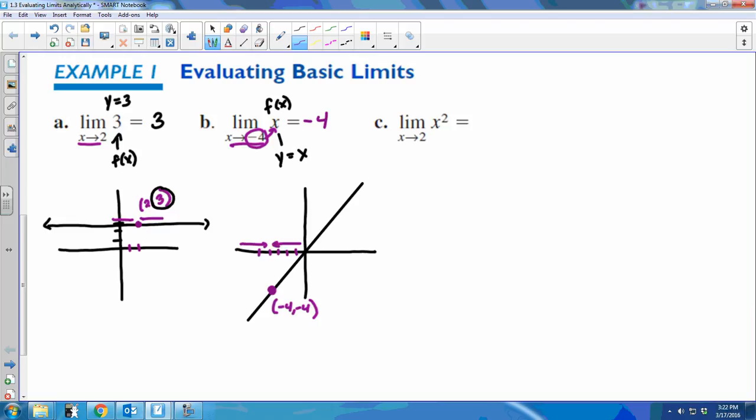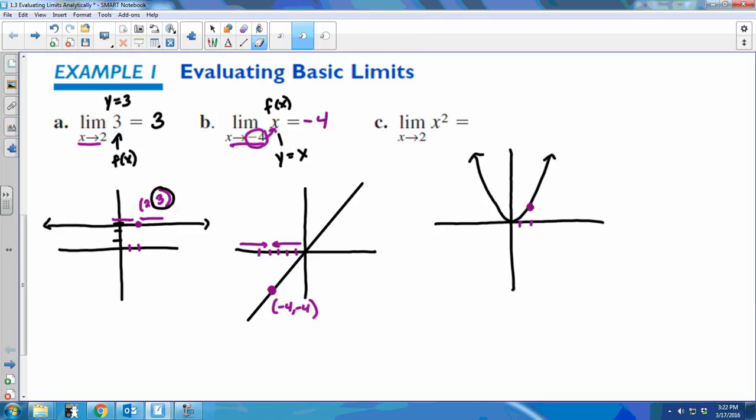Sometimes I think these basic ones are a little bit confusing just because they're so simple. So in the last one, maybe it'll make more sense here. The limit as x approaches 2 of x squared. Well, x squared is a parabola. So as x approaches 2 from both sides, I'm approaching this point on the parabola. There's no holes or gaps, there's nothing weird happening.